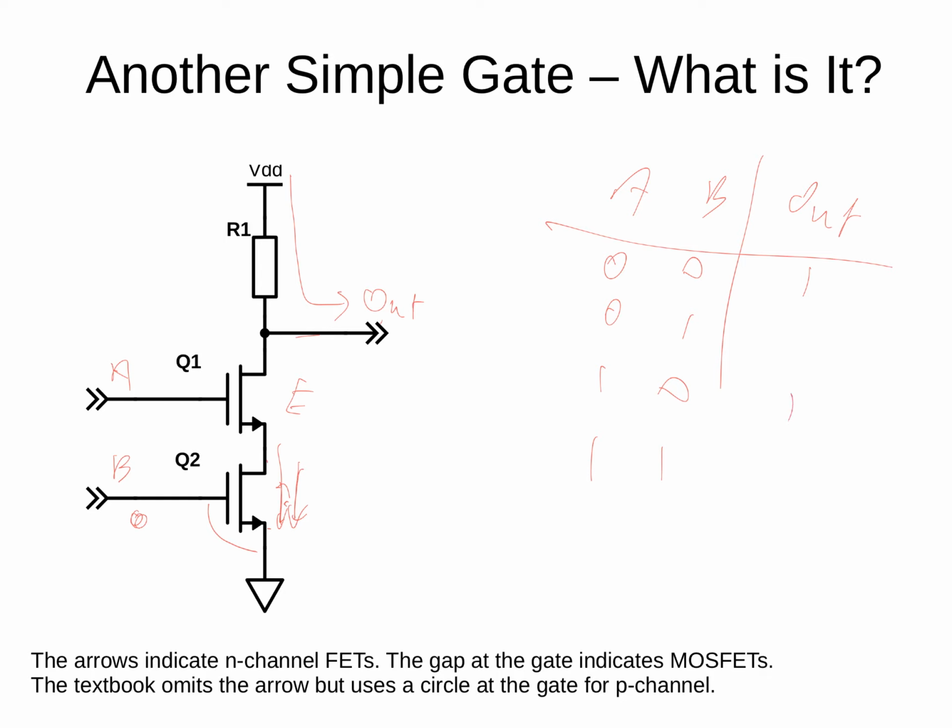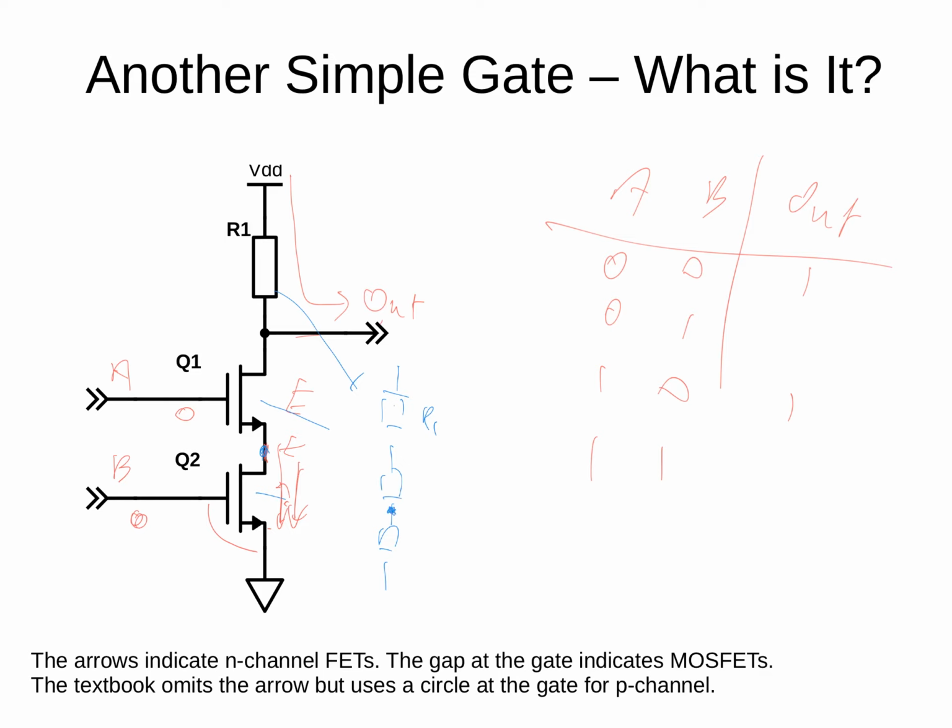Now by a similar argument, if the voltage going into A is 0, then the voltage here can be no less than 0. If we are being pedantic, then the equivalent circuit would be R1, the source drain resistor for Q1, the source drain resistor for Q2, and this junction here is this junction here.